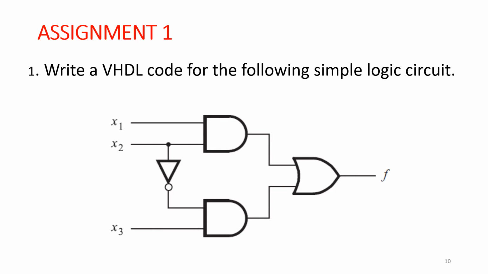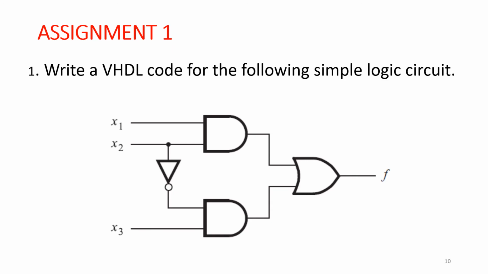It has two inputs here. This is an inverter, and this is another AND gate, and this is your OR gate. So two AND gates are connected to the OR gate, and this is your output. So here you have three inputs and one output.